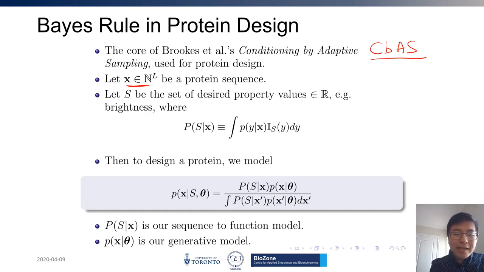Okay, then this is where things get interesting. We're going to let S be the set of desired property values. This could be anything, right? It could be brightness of a protein. It could be catalytic activity. It could be rate of secretion. So many different things you can think about. Essentially, any property works. And that is the magic of machine learning. It is so generalizable to all of these different properties.